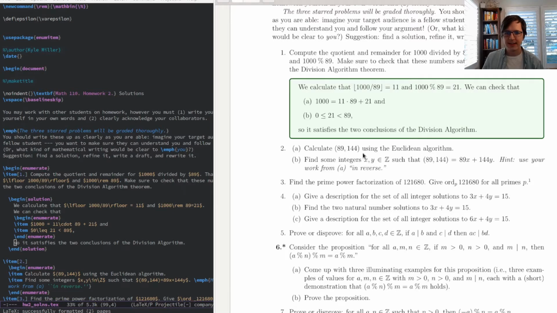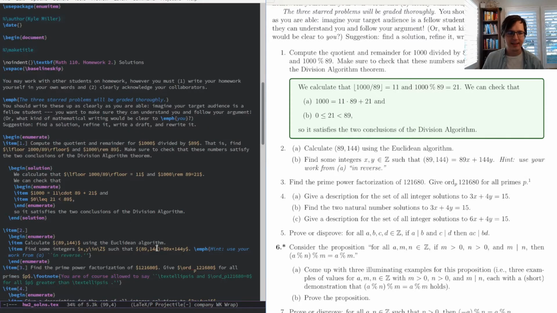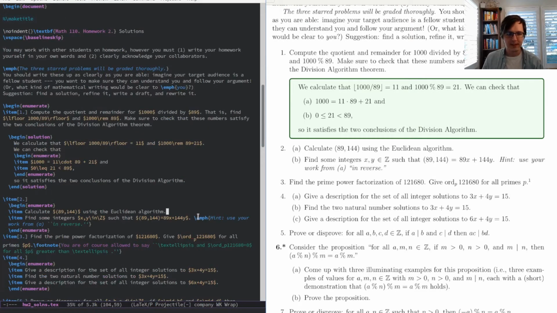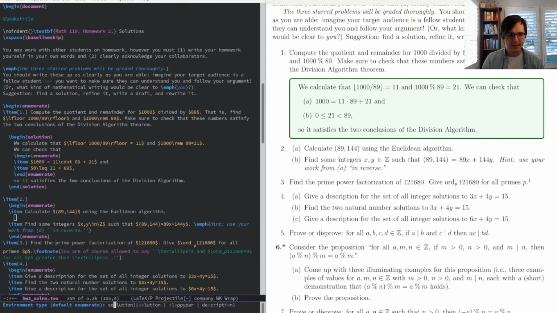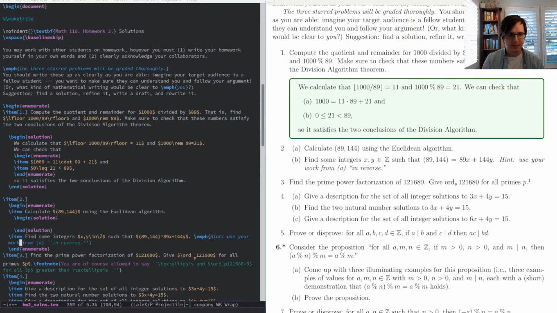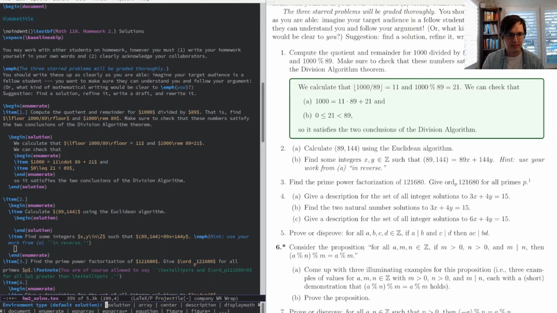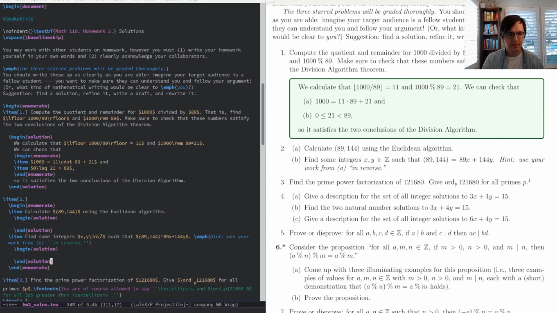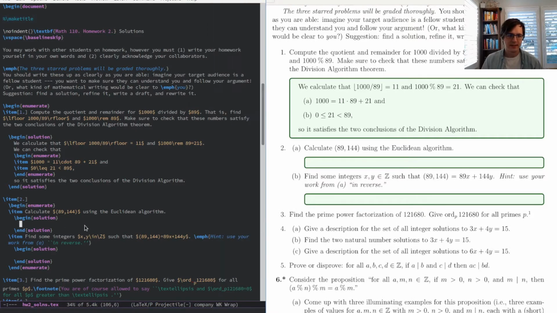Okay, so let's calculate the GCD of 89 and 144 using the Euclidean algorithm. Let's create some solution environments. So this is a somewhat tedious calculation, but it's not so bad.